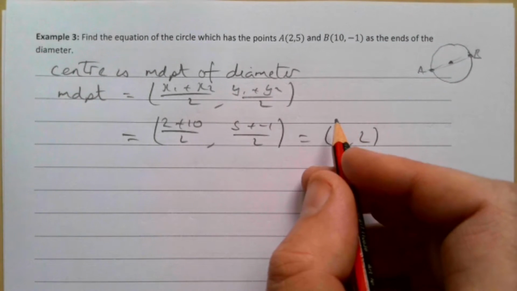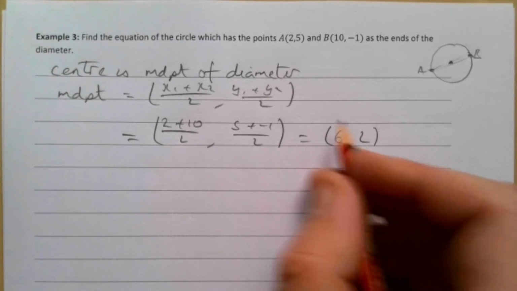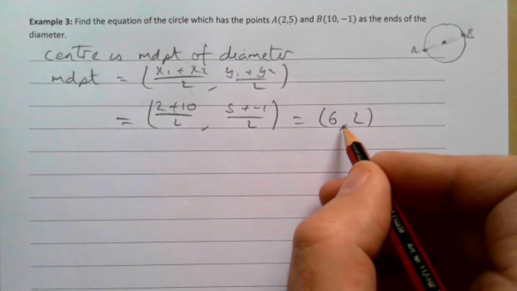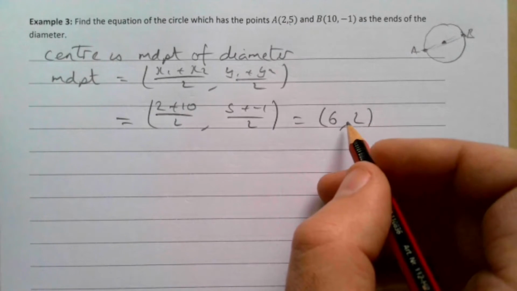So we need then to find the radius as well. I'm going to take this point here and the centre and use my distance formula.